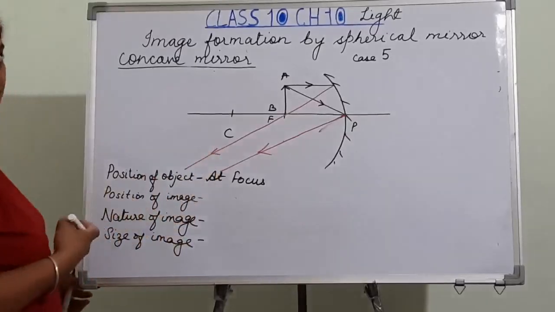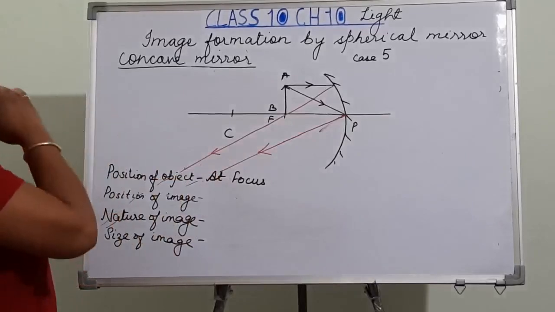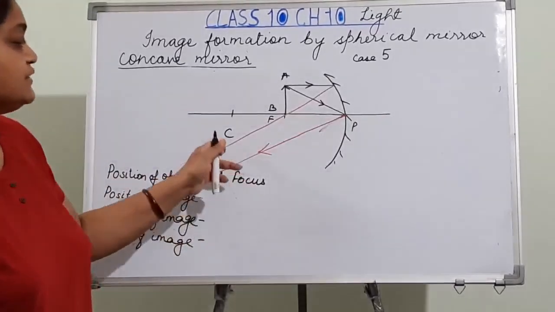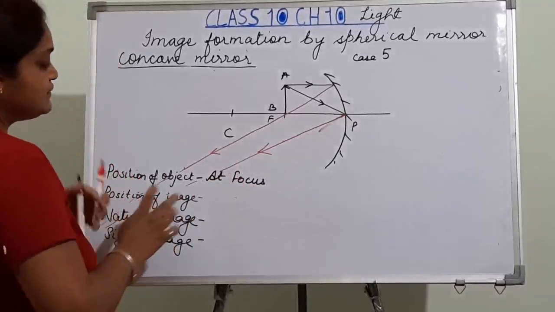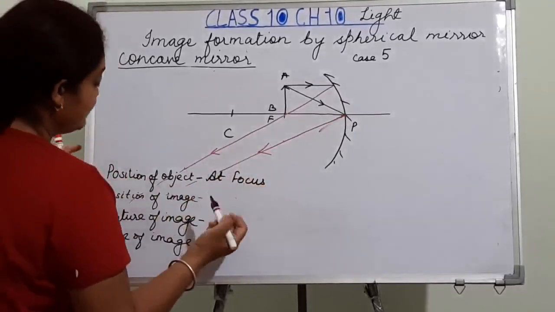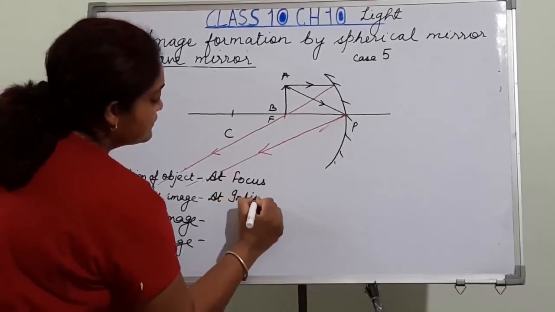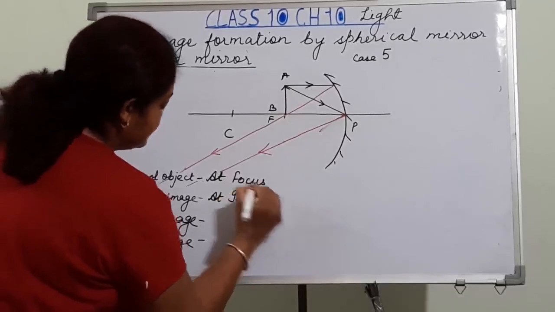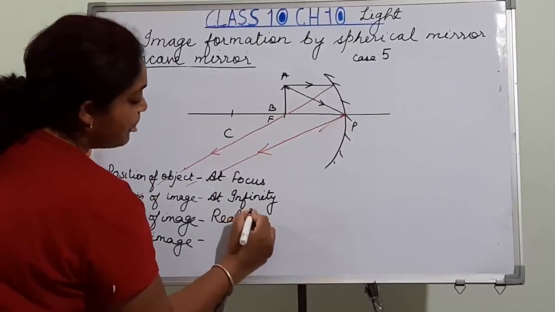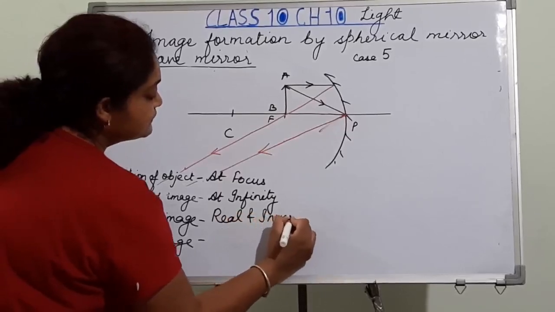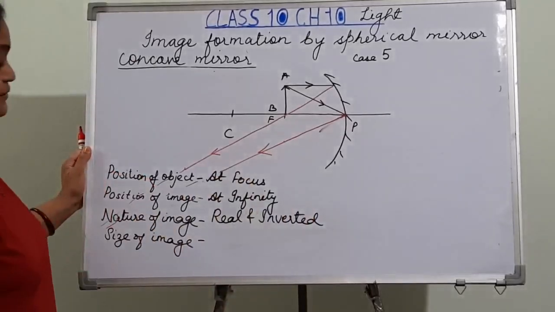When you extend this further, somewhere at infinity these two rays will meet. So what is the position of image when the object is at focus? Position of image is at infinity. Nature of image, real and inverted. Size of image, highly magnified.